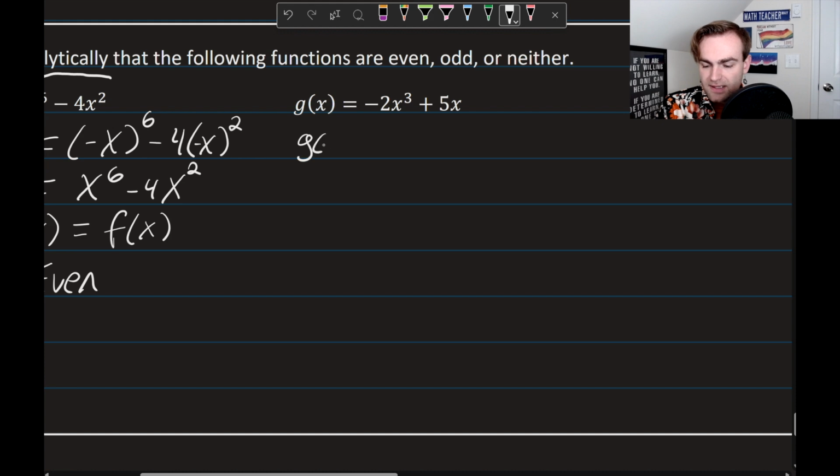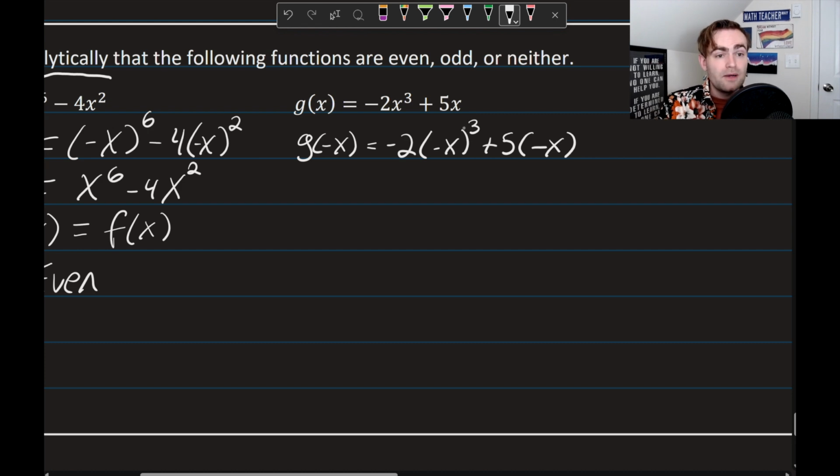g of negative x is equal to negative 2 times negative x cubed plus 5 times negative x. When I raise a negative to an odd power, it stays negative. So this is equal to 2x cubed minus 5x. Does that look familiar? It should.